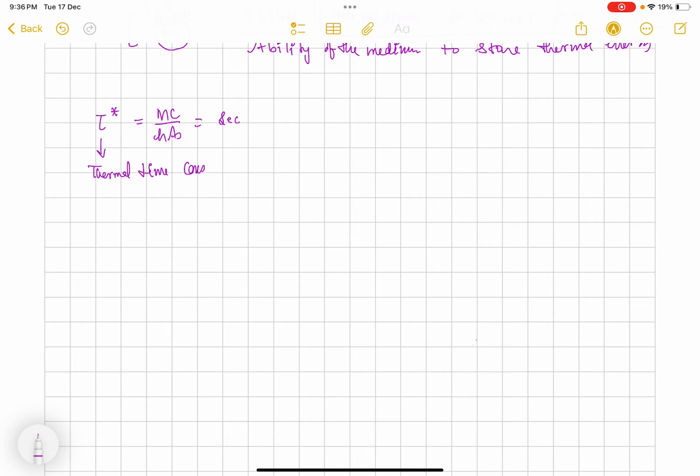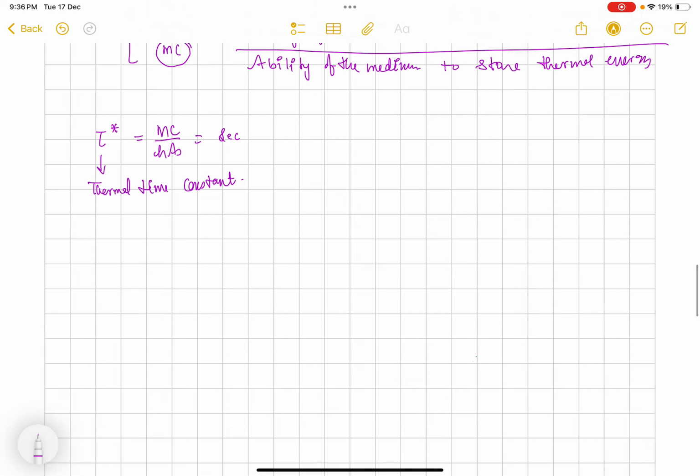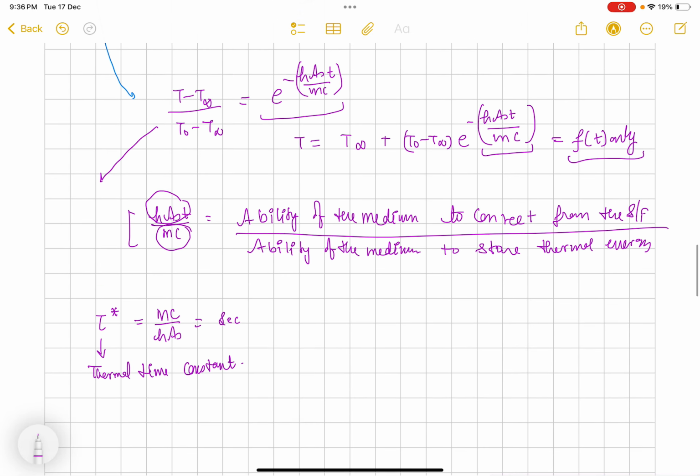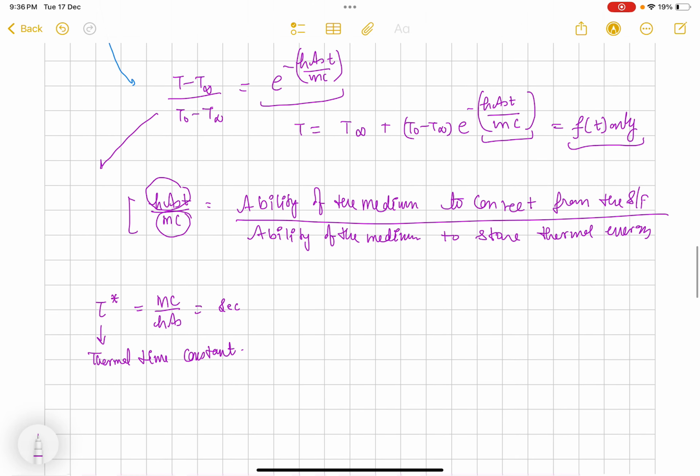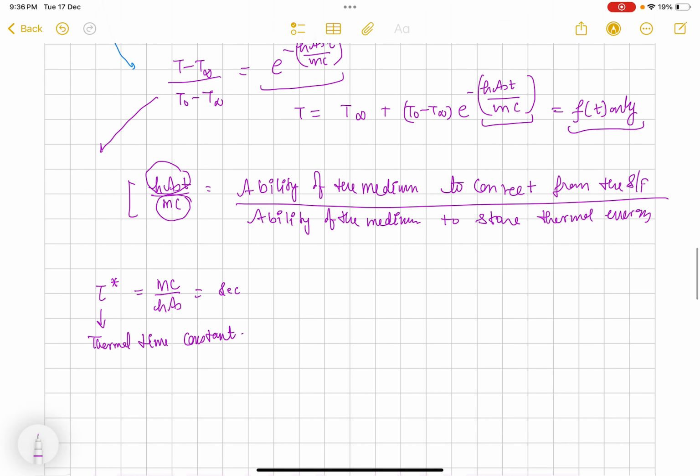Thermal time constant. It is the time taken by the body to reach a temperature difference equal to 36.7% of the initial temperature difference.